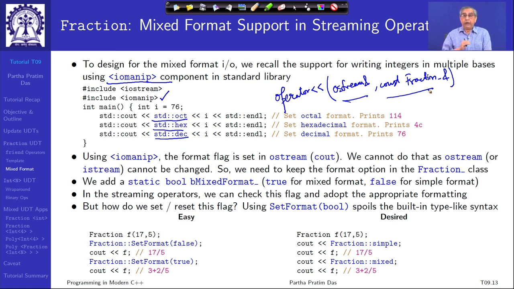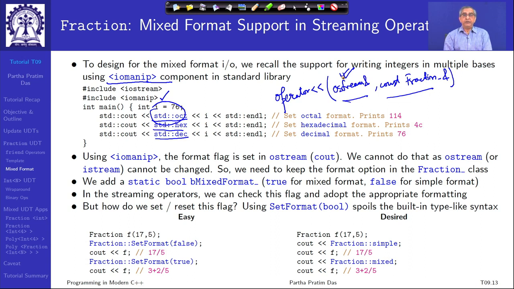So, what IOManip does, it is implemented by the library. When I do a streaming of std::oct, it accesses the cout output stream object and sets a particular flag, which is supported already. So, these formats are already supported. IOManip is just giving us an access to manipulate that, right.